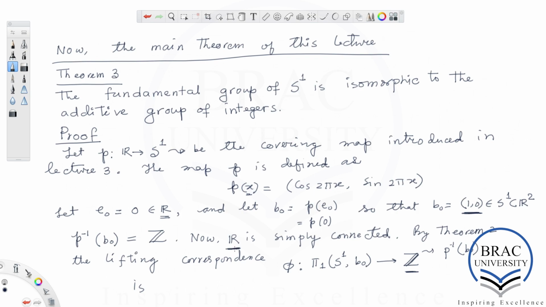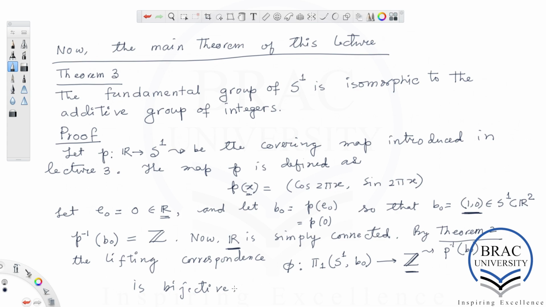So it follows from theorem 2, the last theorem of the ongoing lecture, that this lifting correspondence is bijective. Okay, good. We have gotten this far.